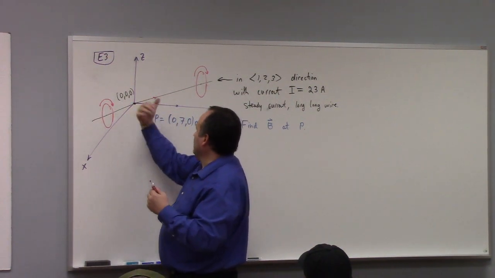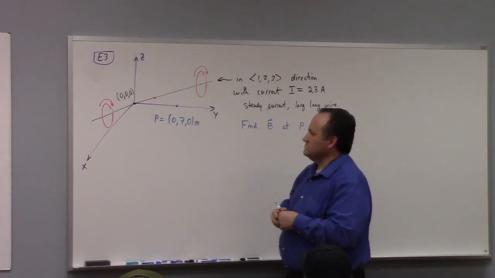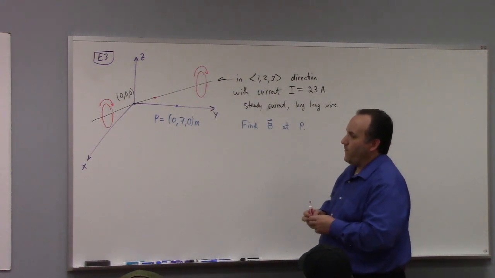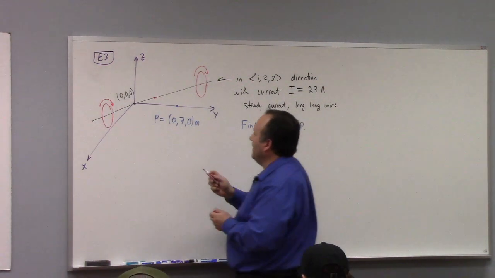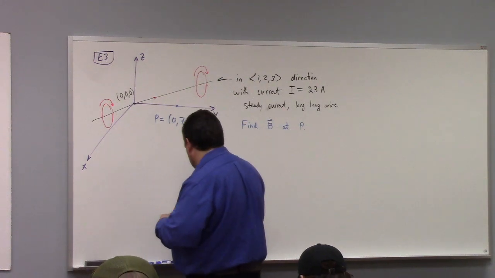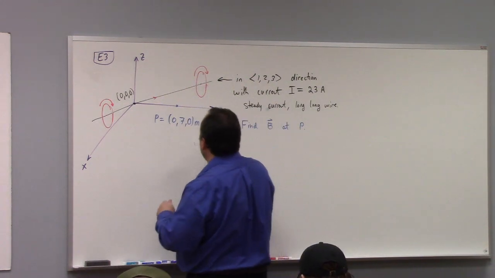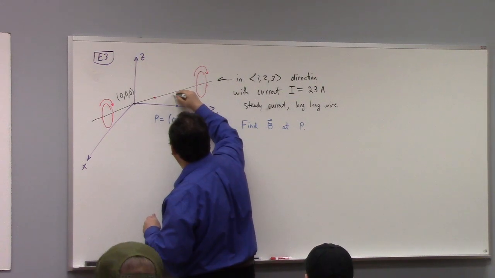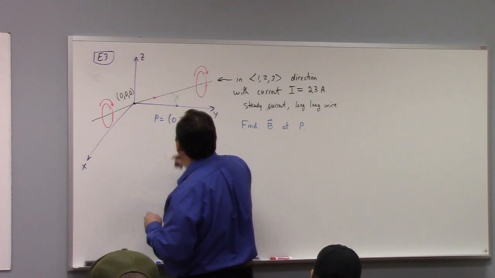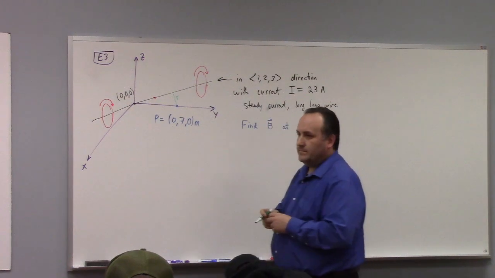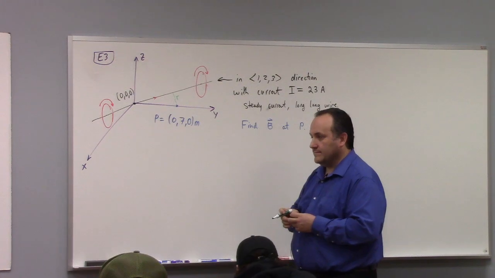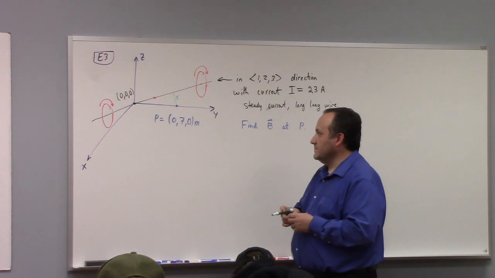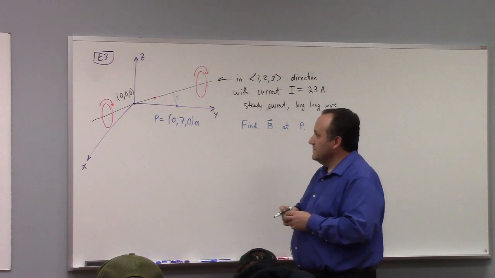So they're encircling like that. So the question is, what's the distance from here to here? How far is it from the point 0, 7, 0 to the line?